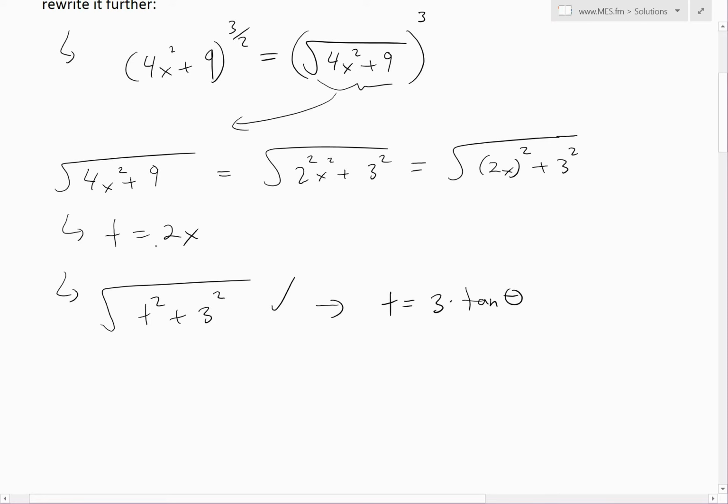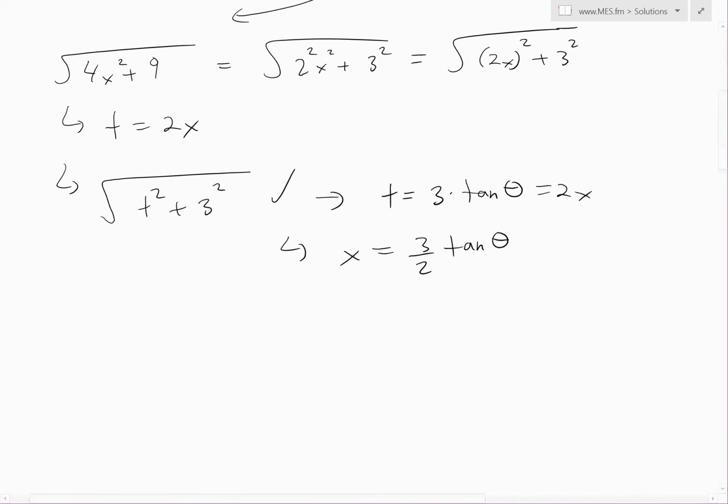But now to get back to the x, since t equals 2x, the appropriate substitution in terms of x is just x equals, just divide this out, 3 over 2 tan theta. And now when we have this substitution, if we look at the derivative dx, that's just going to be 3 over 2 secant squared theta d theta.